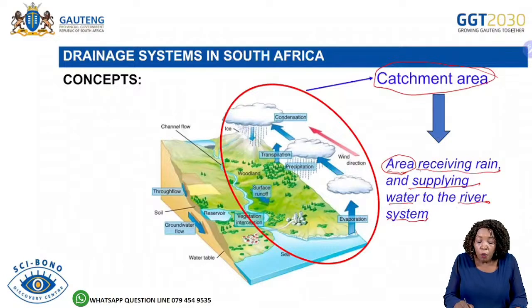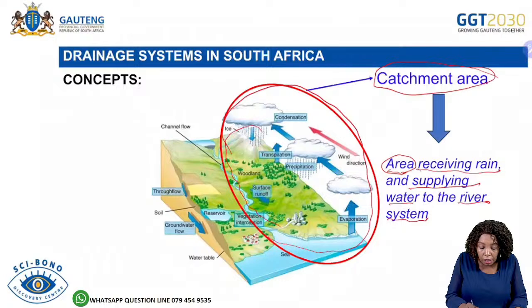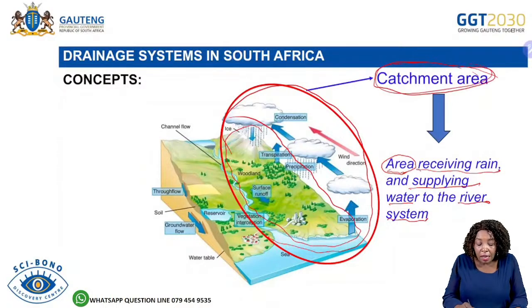So when we look at the whole area in this illustration, we're looking at what a catchment area is. It is the area that receives rain, as you can see from the illustration here. This rain falls on this particular area. There is rain that is shown here. So all the areas that receive the rainfall and supply the water to the river system.